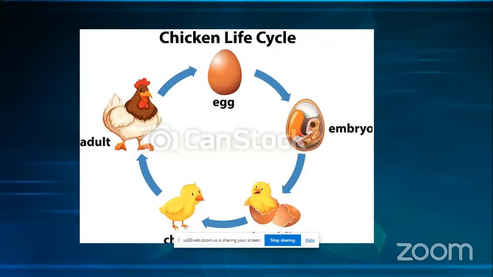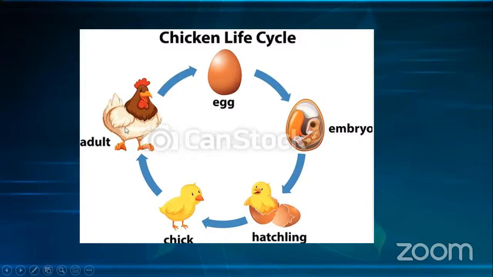In the egg, you've got the embryo, which is this person trying to hatch, trying to form something. Then the next thing is we've got the hatchling. Don't forget, we started from egg. We can't see anything here. Now the egg is trying to form itself into the embryo. Now it's hatching, then we've got the chick. Then this turns to be the big person. The main thing that we want to see is this adulthood. That's the chicken. That's the life cycle of the chicken.